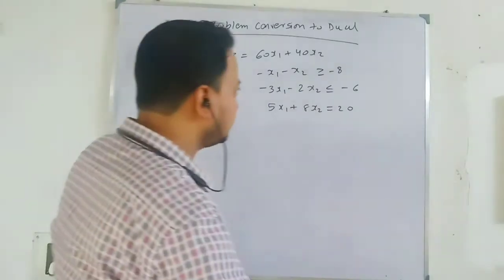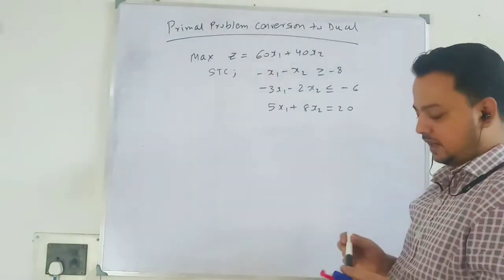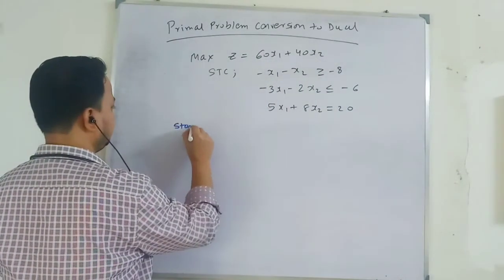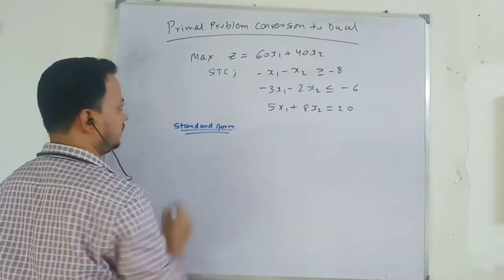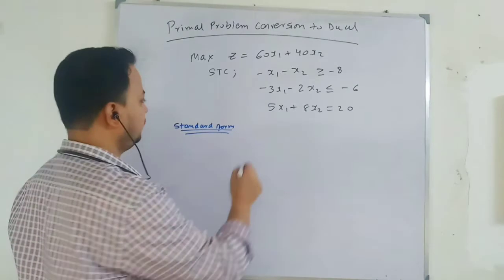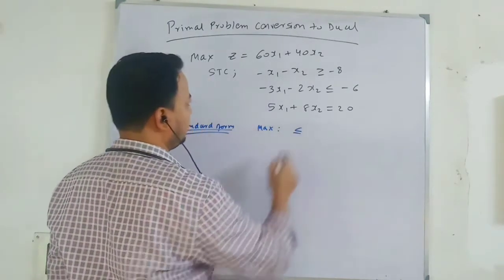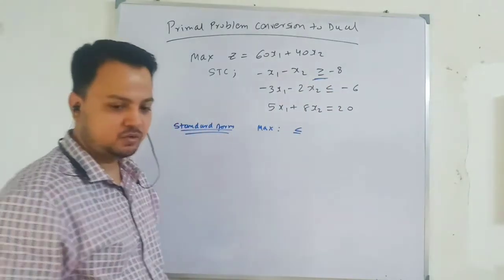Now I have a maximization case. I have to convert this primal problem into standard form first. In the standard form, when I have maximization, the constraints must have a less than or equal to sign. This is a greater than or equal to sign. In order to get a less than or equal to sign, what should I do?